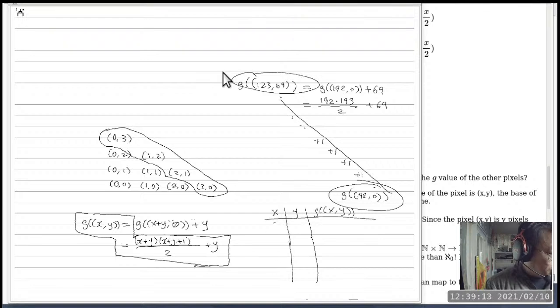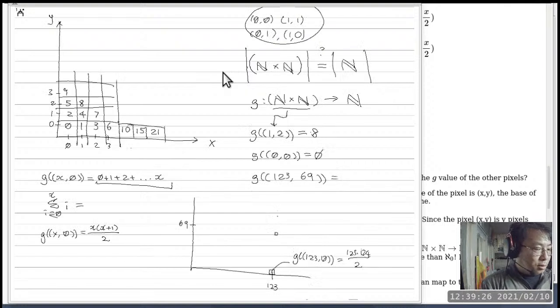0 seems to be a good one to check, right? 0, 0. In other words, at the origin of the entire two-dimensional space, what is the g value corresponding to that? In the previous page, we worked out everything by hand, and we see it's just 0 because that's where we start.